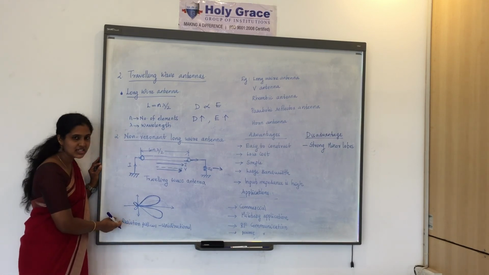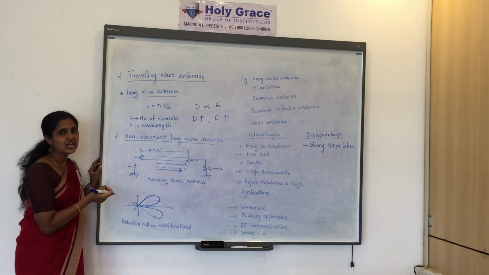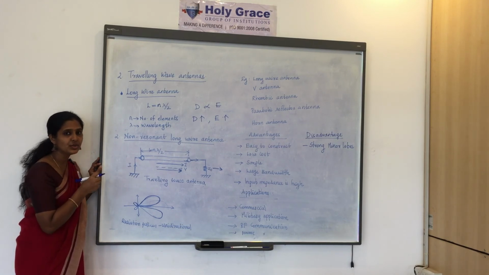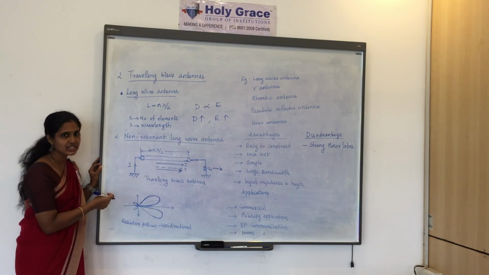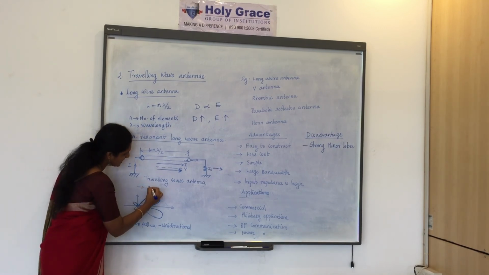The radiation pattern is unidirectional, so the directivity is increased in this antenna. The problem with the resonant antenna is that the directivity is very less. This can be overcome by the traveling wave antenna or non-resonant long wire antenna. This antenna is also known as an aperiodic antenna.